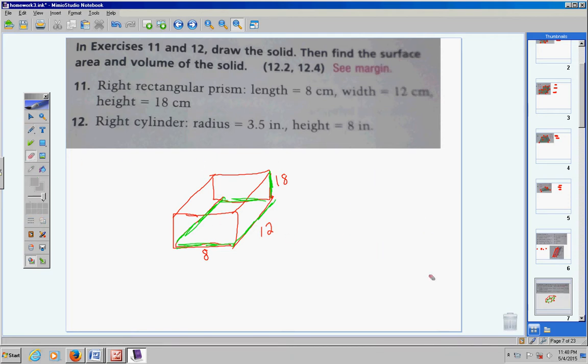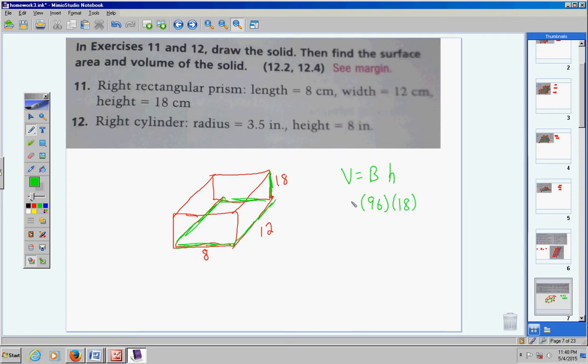Now let's find the volume of this right prism, okay? Well, the formula that I gave you for the volume of a right prism is volume equals area of base times the height, okay? So that's pretty simple. The area of the base is 96, we already found that out, times the height, which is 18, okay?